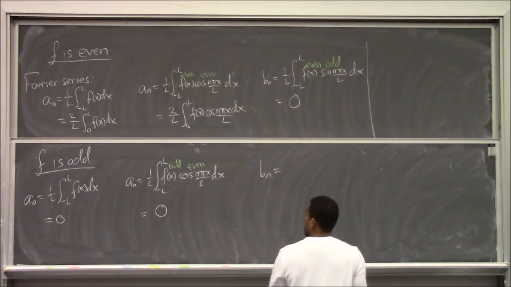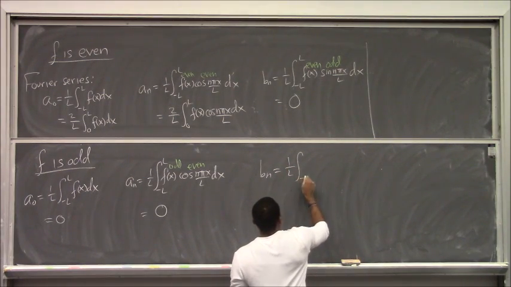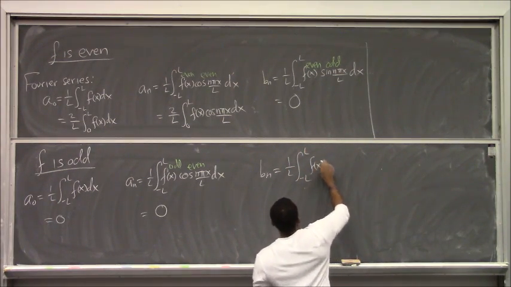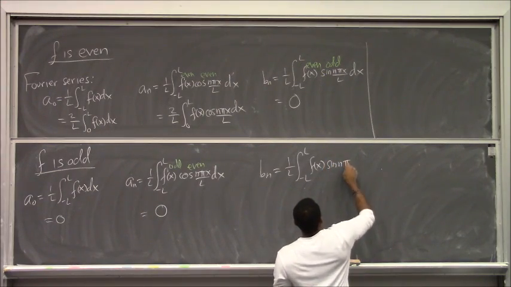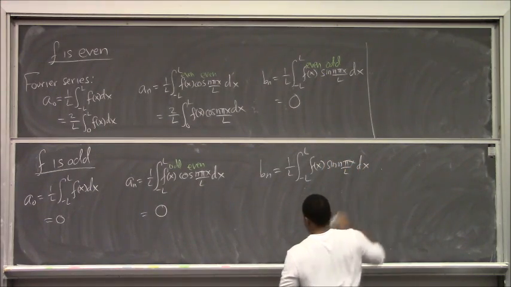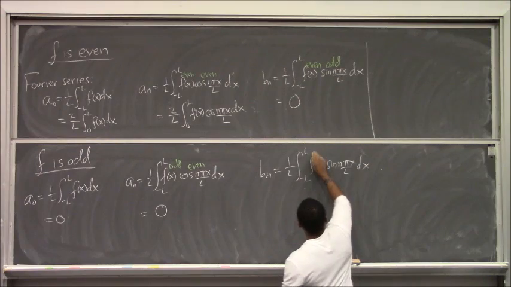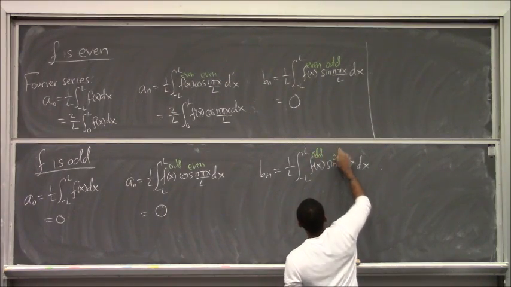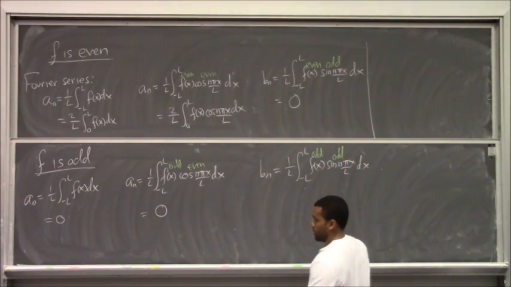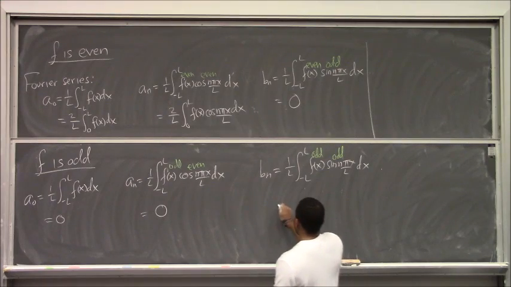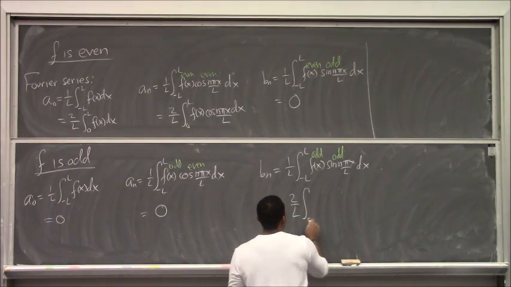And my bn, well, that's 1 over L from minus L to L of f of x sine n pi x over L. Now the function is odd, the sine is odd, odd times odd, we're talking about functions, you get an even. So that's going to double up on me.